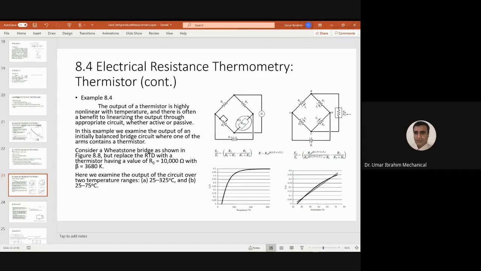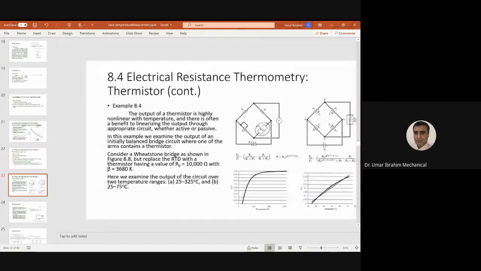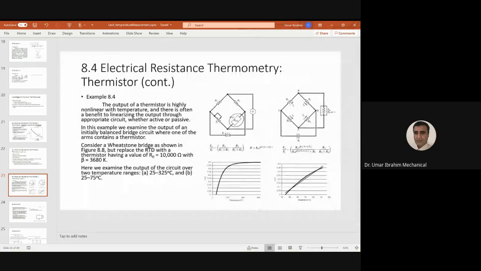So this is not an RTD, let's look here. Consider the Wheatstone bridge as shown in figure 8.8, but replace the RTD with a thermistor having an R0 value of 10 kilo ohm. So this is our thermistor and its value is 10 kilo ohm, and a beta value of 3680 Kelvin.